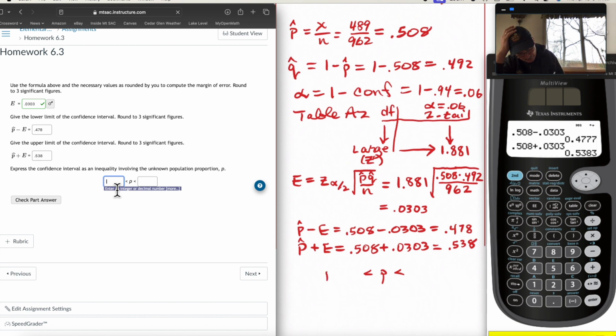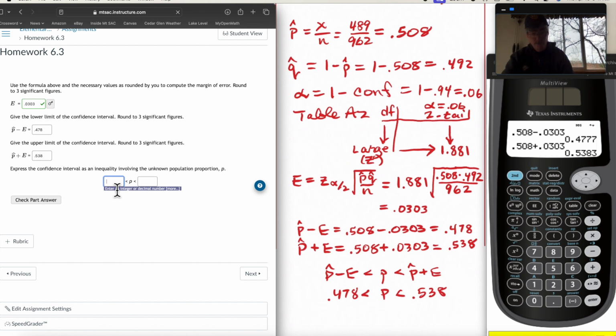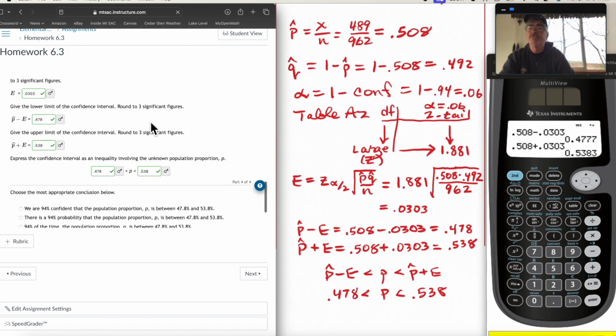So p hat minus E and p hat plus E. So we're saying the population proportion should be between 0.478, which will be 47.8%, and 0.538, which is 53.8%. Okay, fingers crossed. Looks like everything's good.